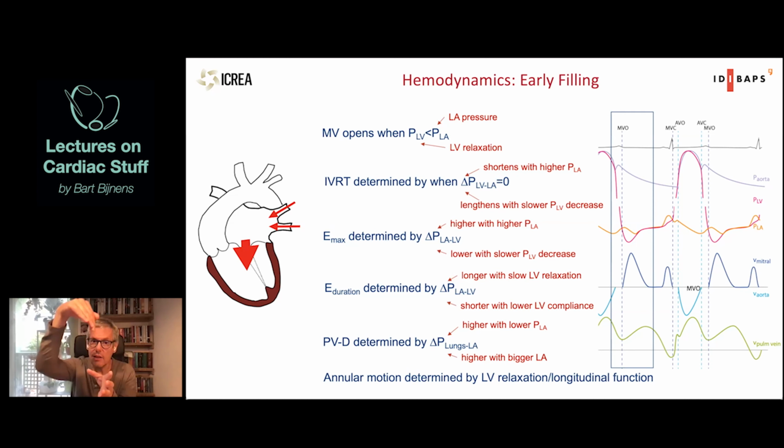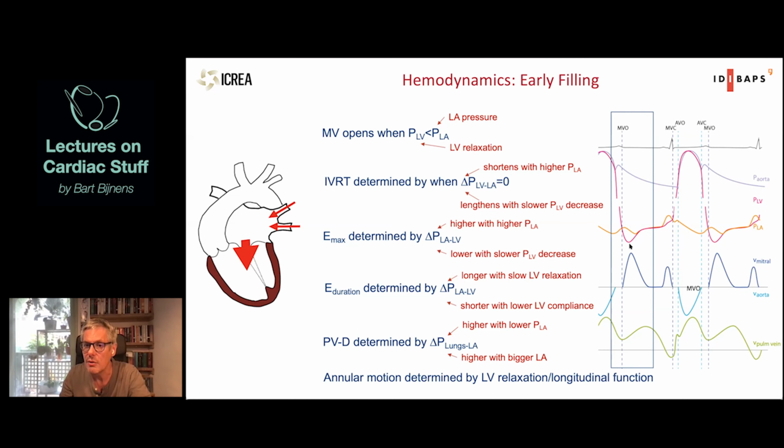The blood starts to get in very fast because we have a high atrial pressure, but because the ventricle cannot, or is only very slowly, becoming bigger, if we have a very stiff ventricle, although this early velocity was very high, it will very quickly decrease because we have almost immediate equalization of left atrial and left ventricular pressure.